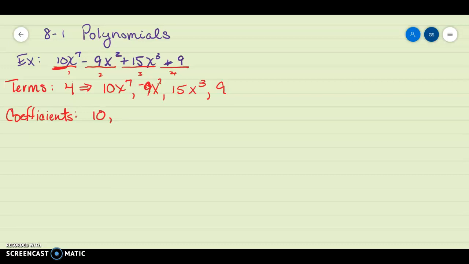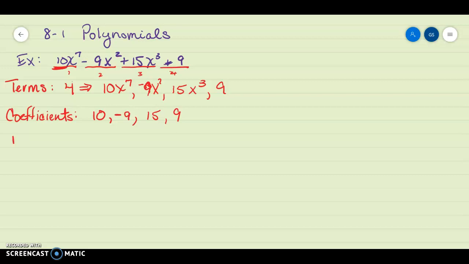The second is negative 9. You have to pick up that negative. The third is 15, and the fourth is 9. It's just the number part of the term, not the exponent, the big number. That's your coefficient.